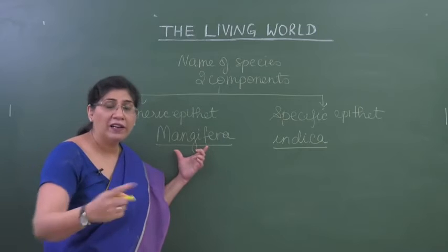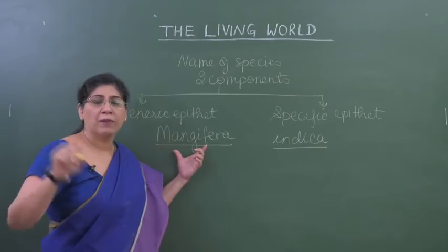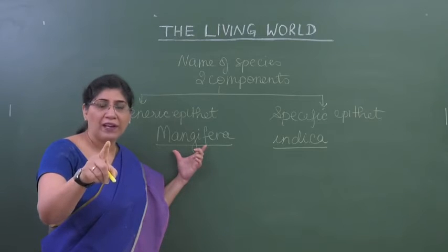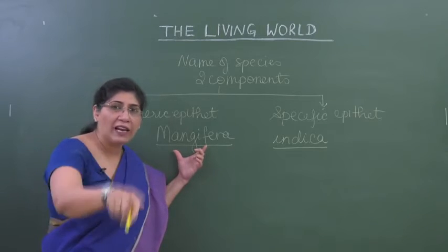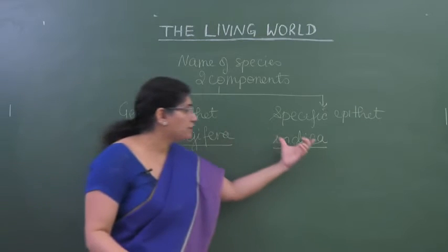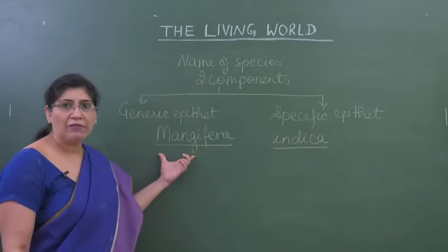How will I identify? So I will say Mr. Vivek Sharma. So Vivek is the specific epithet belonging to the clan of Sharma. So I can have different species belonging to Mangifera.